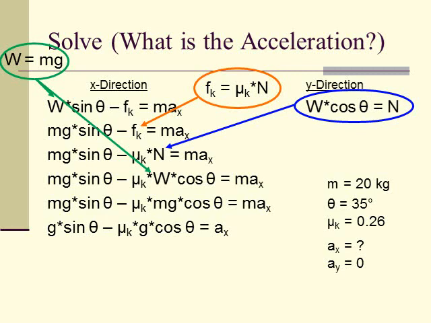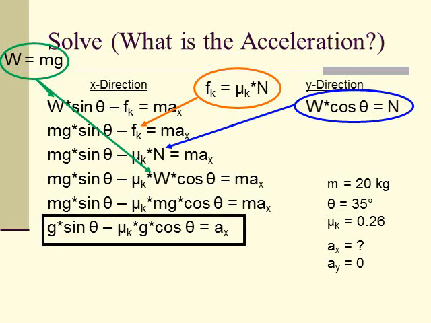I didn't even need to tell the equation the number for mass. It's independent, so it doesn't really matter. So the answer is the same regardless. So this is now my answer, and I just need to plug in numbers and solve. Oh, and apparently that answer is 3.54 meters per second every single second.